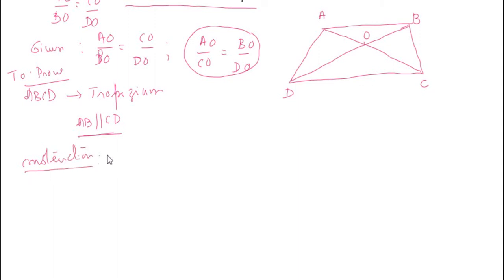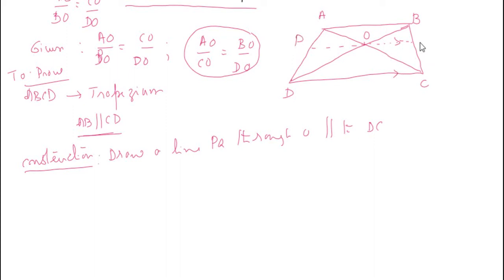We need to do a construction here. Draw a line PQ through O parallel to DC. So this is the line through O. This is parallel to DC.